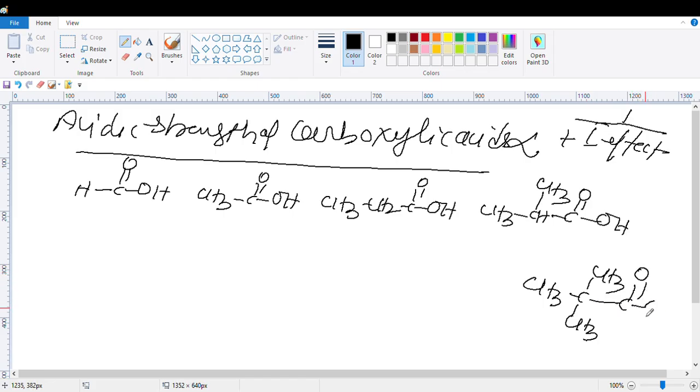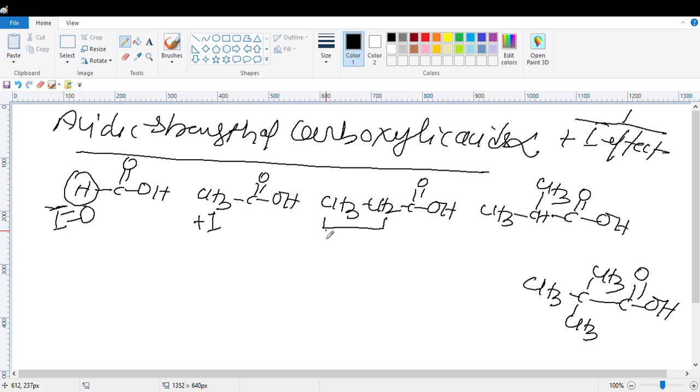So what is the role of these plus I effects? Plus I having groups. Hydrogen has I effect 0. The I effect is decided by the alkyl group. It is one CH3 plus I having group.